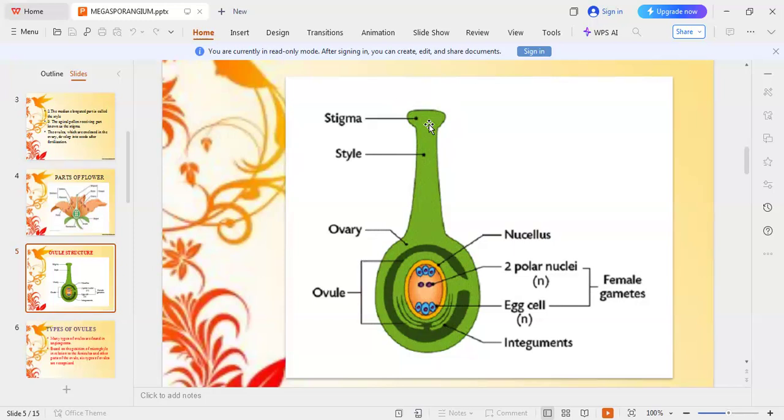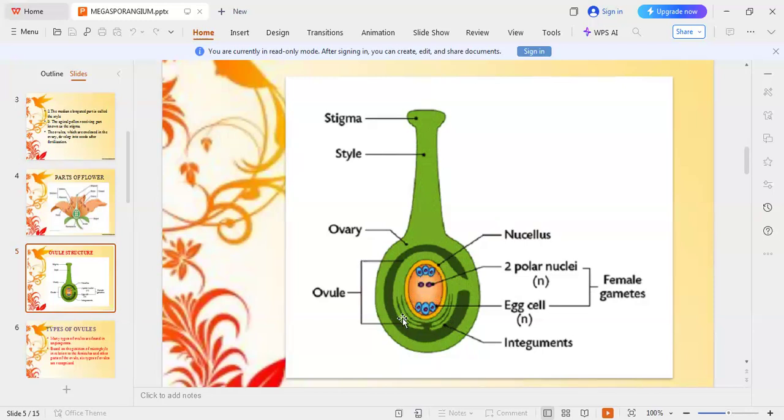The ovary contains one or more roundish or oval egg-like bodies, known as ovules. It is filled with these round ball-like structures called ovules.